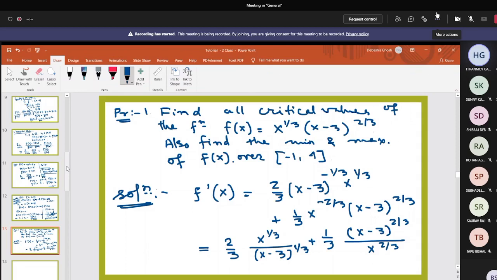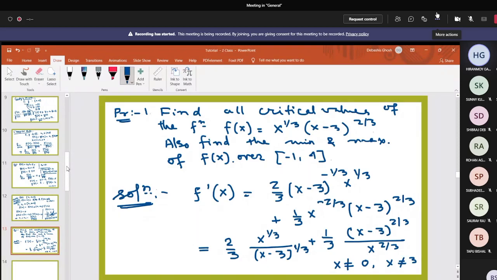So that is your f dash x, and you could see that f dash x will not exist for x equals 0 and x equals 3. These are the 2 points for which it will not exist. So f dash x exists for x not equal to 0 and x not equal to 3.